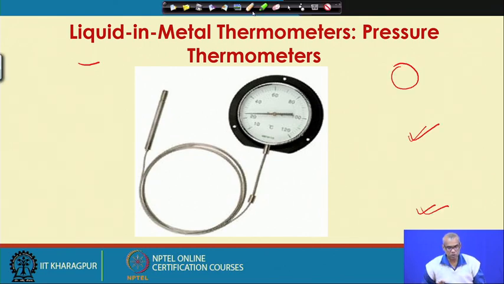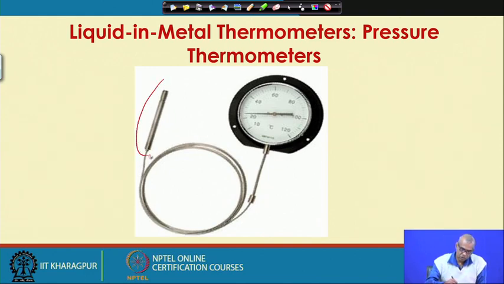This is an image of a liquid in metal thermometer. It consists of a bulb, and a tube is attached to the bulb. The tube may be flexible, and the other end of the tube is connected to a pressure sensitive element.